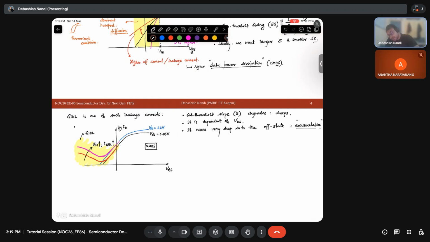So let's say around this you will have your VFB, your flat band voltage, and around this you will have your threshold voltage. This is VTH lin, this is VTH sat. So why are my VTH lin and VTH sat different? Due to which effect?